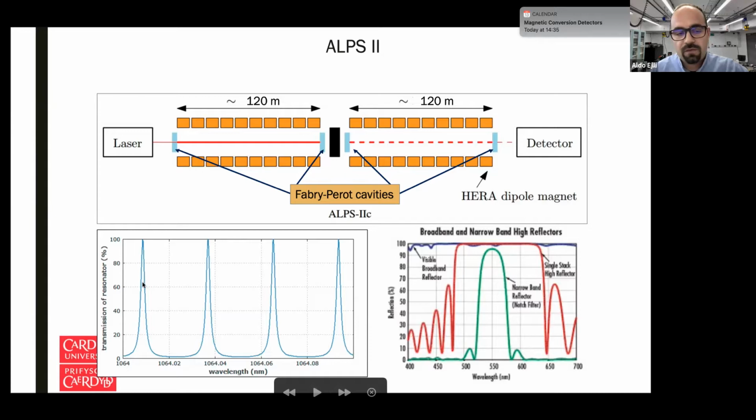So if you scan the frequency of light, you will have more mirror emission.